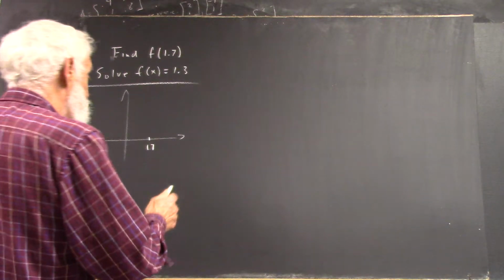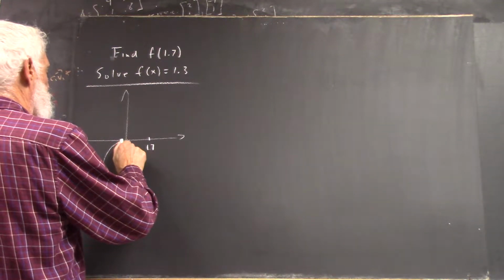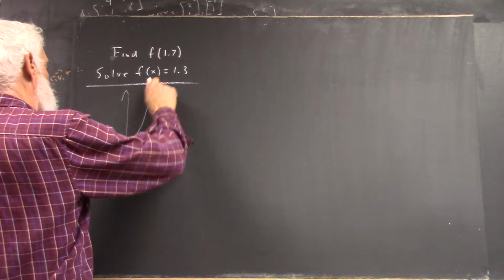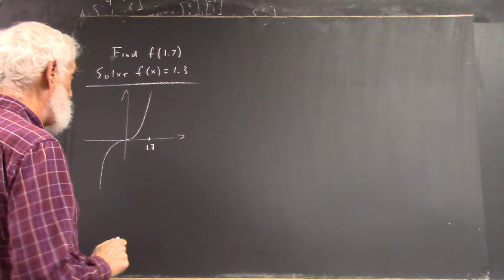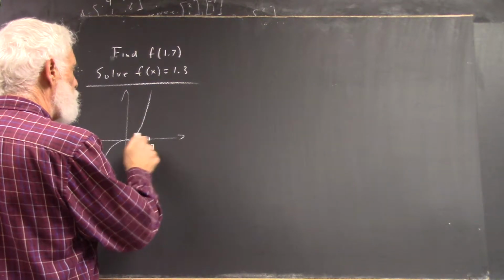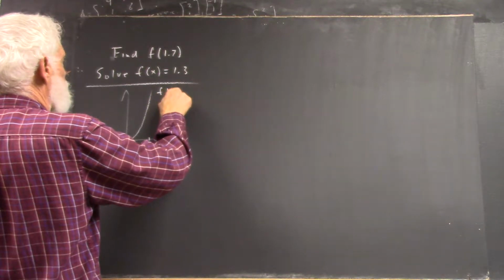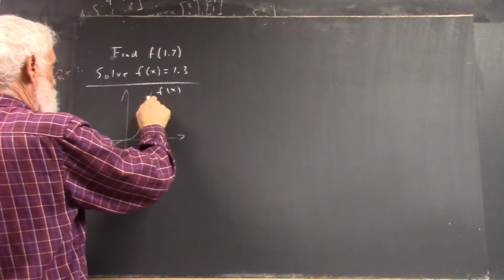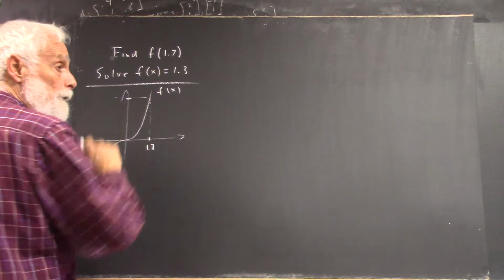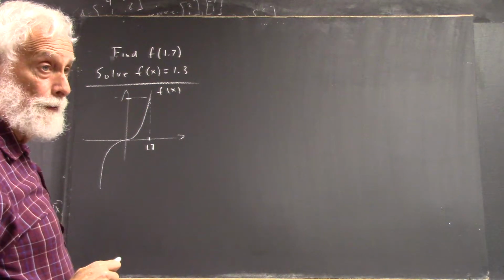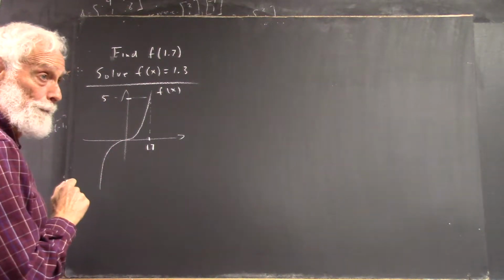And then, you know, if your graph is like x cubed, might look something like this, right? And you've got 1.7, so f of 1. So now here's your f of x. So now 1.7 is here, and you project over to here, right? Okay? And maybe you think that's about 5, okay?